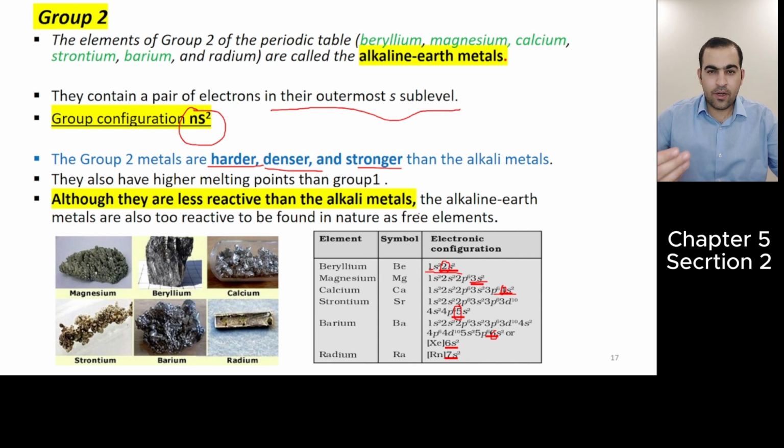Group 1 metals are very reactive. They react with oxygen and water, and we will lose them. That's why we store them in kerosene, but group 2 doesn't need it, because they don't react quickly. They don't combine with other substances to form compounds quickly.